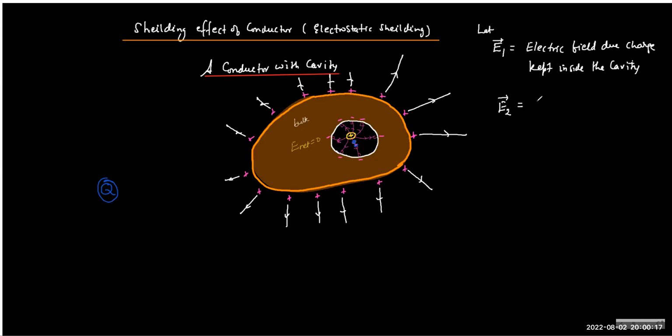Let's say E2 is the electric field due to the induced charge on the inner wall of the cavity.